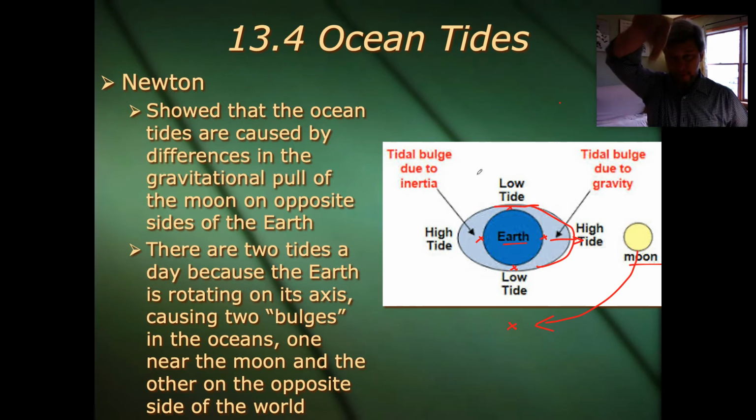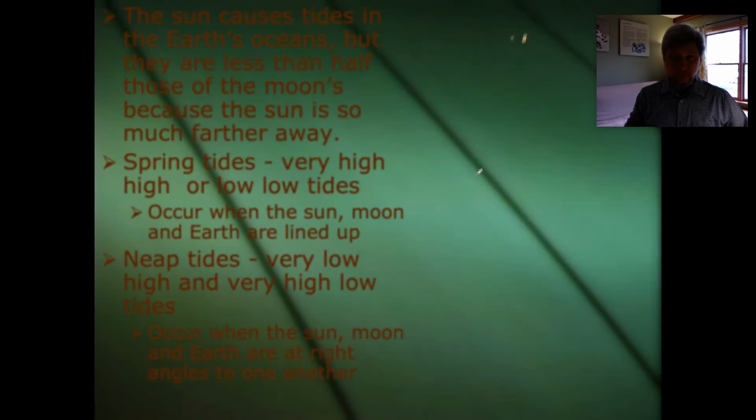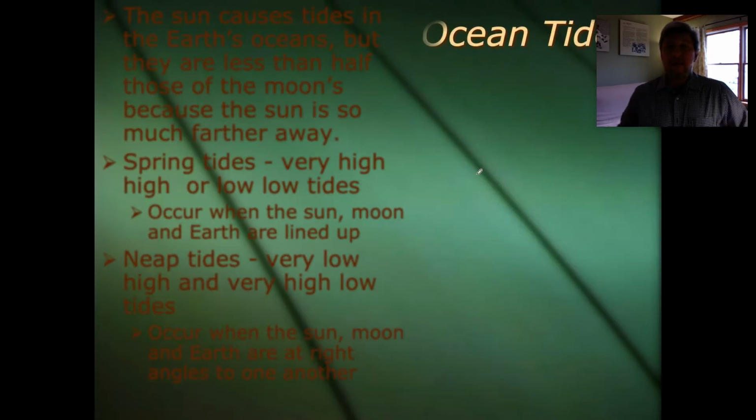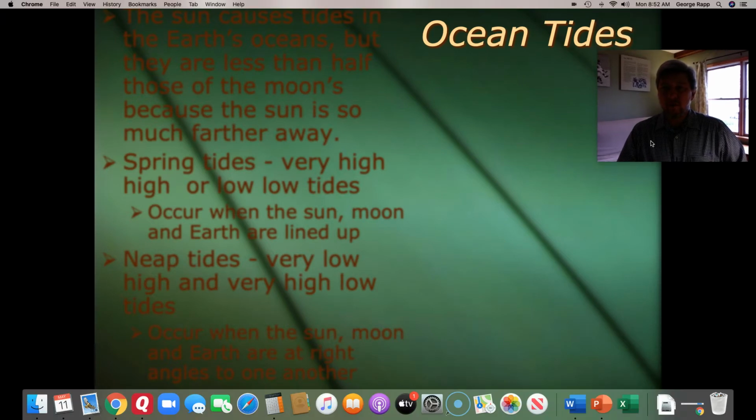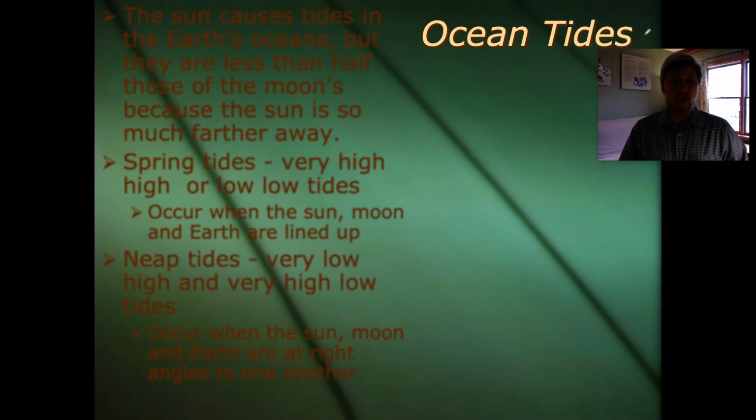Okay, and remember, the Earth is spinning around its axis, and so that high tide follows the spin of the Earth and is always pointed toward the moon, and of course on the opposite side of the world as well. Now, the sun is also somewhat responsible for the production of ocean tides.